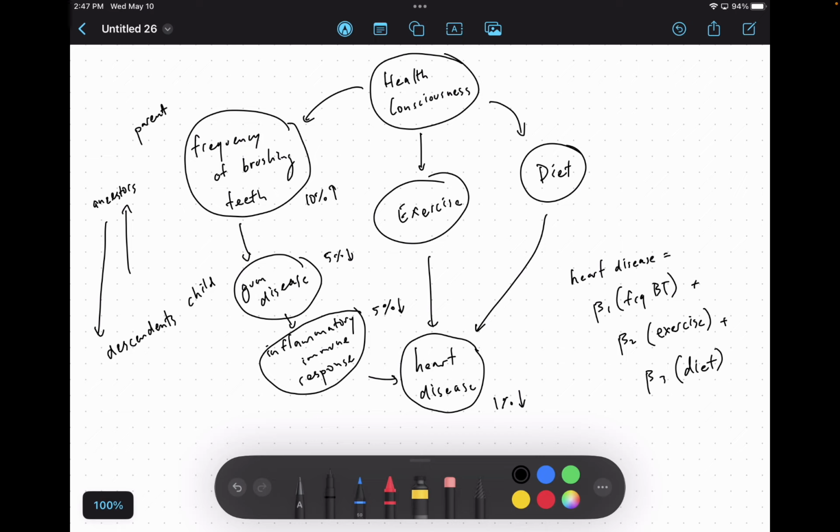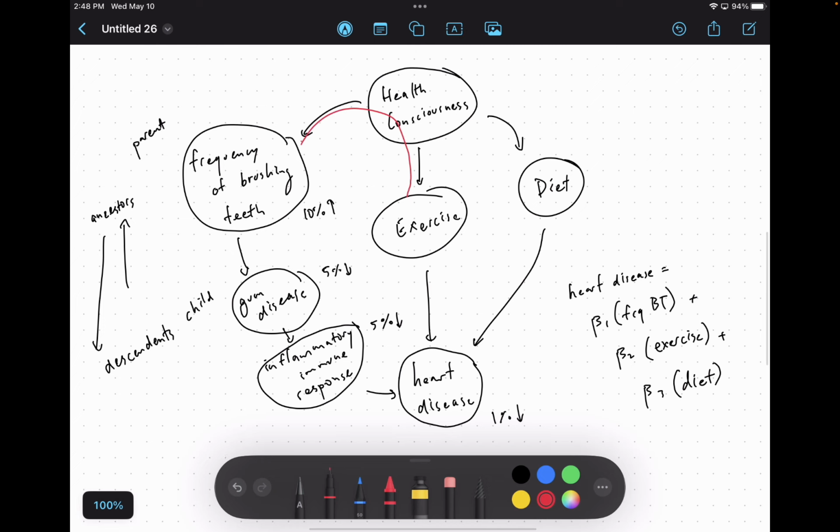And so in this model, as we've generically created this model, this would be a way, essentially, of breaking the statistical path of these guys as it relates to frequency of brushing teeth through health consciousness, right?